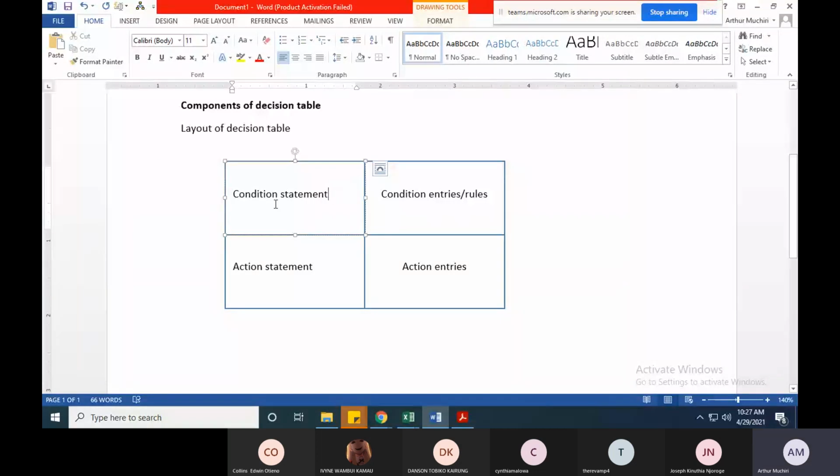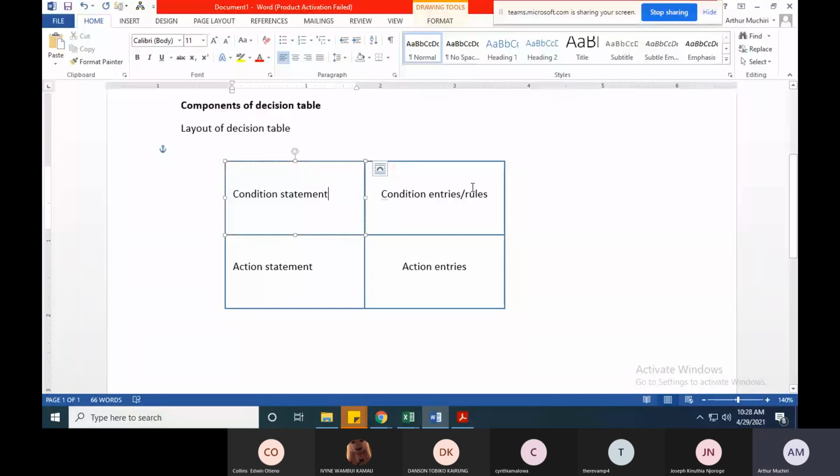Once you advance, you'll find that condition statements are also called condition stubs, but for now, let's just work with them as condition statements.